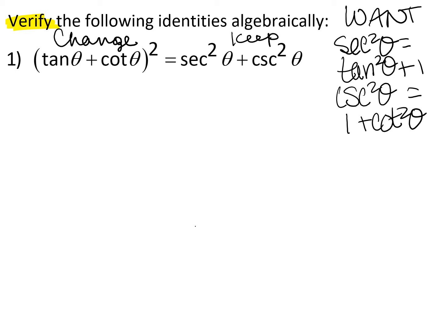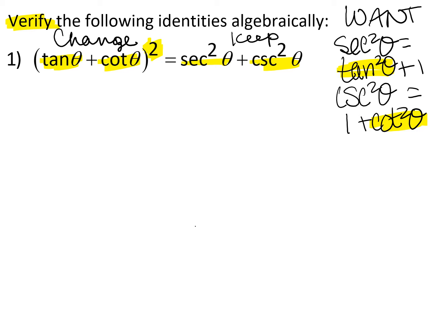I like both of these identities a lot because the secant one gives me a tangent squared, and I have a tangent here, and I do have a square. It's in parentheses, but I can work with that. The cosecant one has a cotangent in it, and I have a cotangent here, and again, I have that square there. So those look very promising.